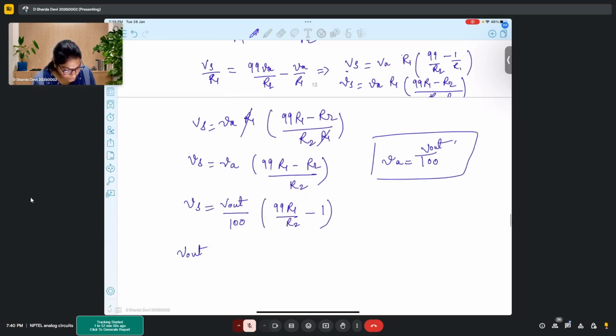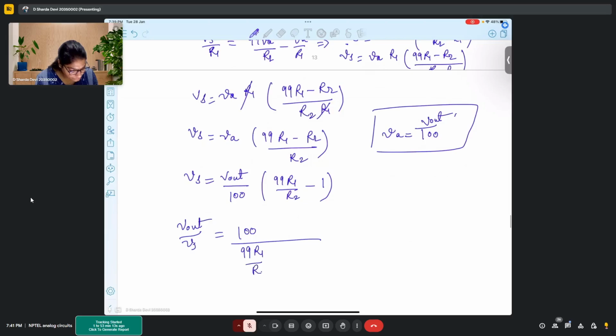So Vout by VS is 100 by (99 R1 by R2 minus 1). So that is 100 R2 upon (99 R1 minus R2).